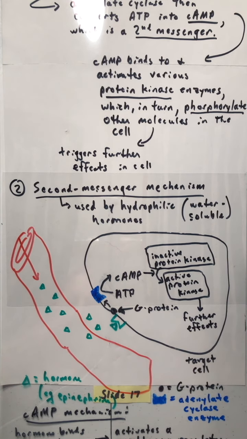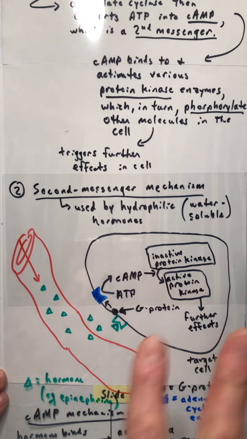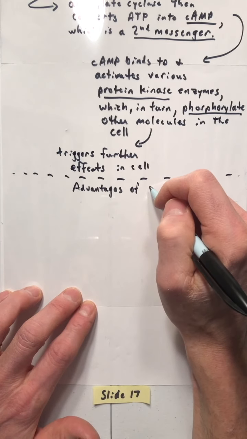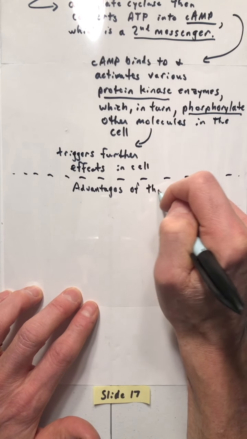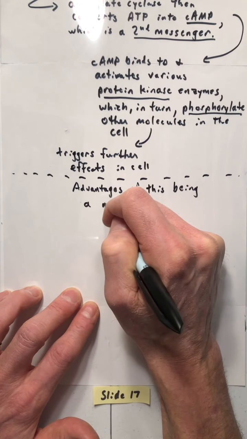Why so complicated? Why does this have to be such a complicated process, multi-stepped? Well, I can think of two distinct advantages to having this second messenger system be a multi-stepped process. So what are the advantages of this being a multi-stepped process?